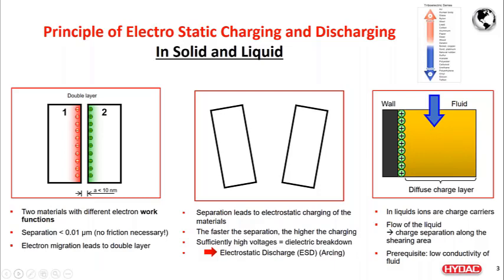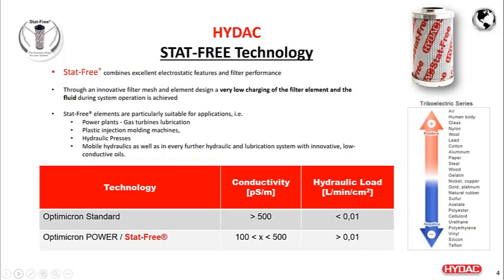So going into the next slide, which is making it much clearer. In this triboelectric series, glass typically gets positively charged, and anything urethane or polyethylene becomes negatively charged. And because of this huge difference in the electron work function, oil tends to take the charge away from it and goes to the downstream of the filter.